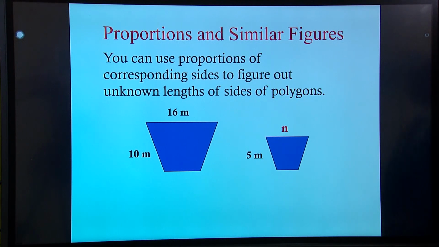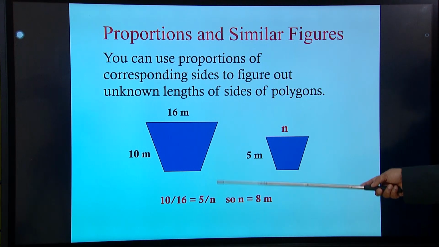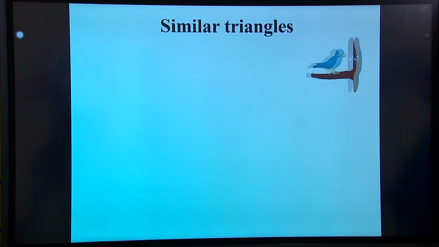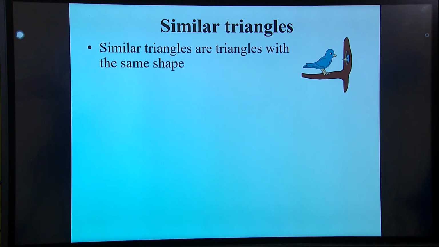So using that, I can work out what n would be. So 10/16 = 5/n, and I can work out n is equal to 8. So one of the uses of similarity is to work out the lengths of unknown sides of similar objects.